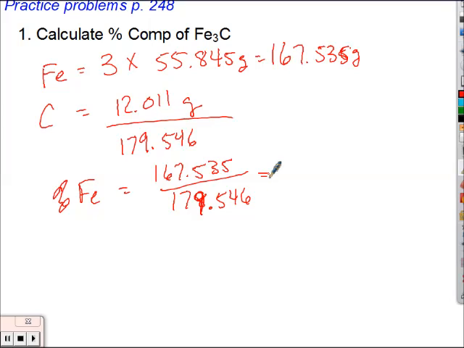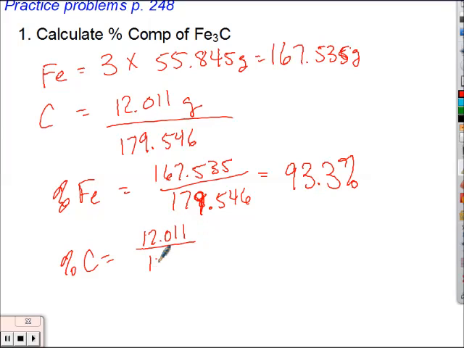So I get 93.3% iron, and for the carbon, 12.011 divided by 179.546 times 100, and I get 6.68%.